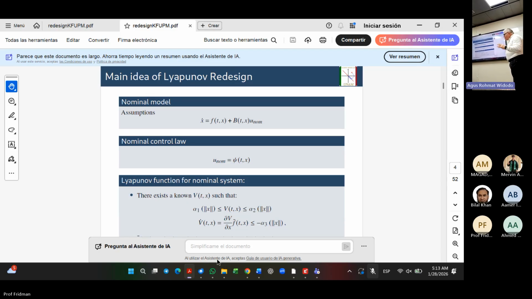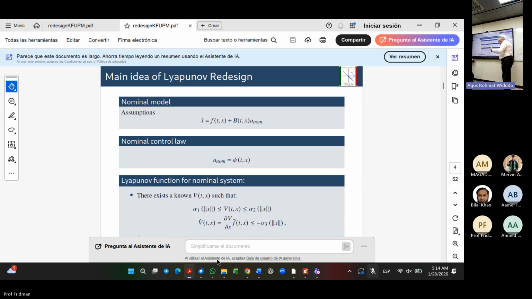We are trying to solve some optimal problem. And solving some optimal problem, we have what? We have a nominal system, because to solve an optimal problem, you need to know all about the system. So you already solved your problem, and you have a nominal control for the system you know perfectly.